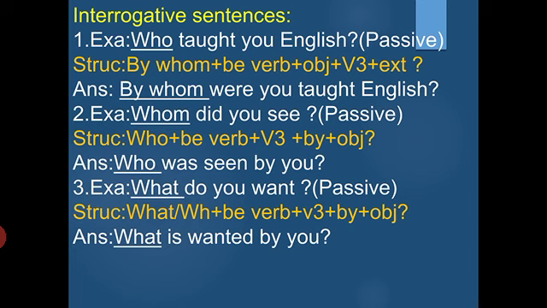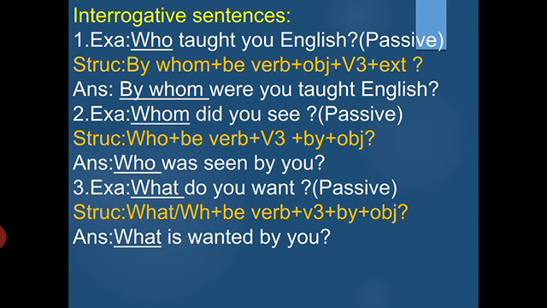Interrogative sentence. Dear viewers, there are three categories of interrogative sentences. In the first sentence, there is who. In the second sentence, there is whom. In the third sentence, there is what.